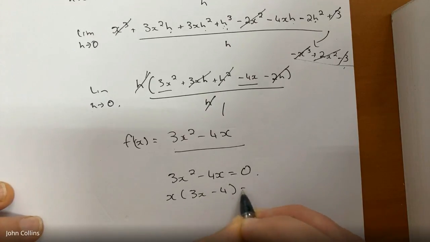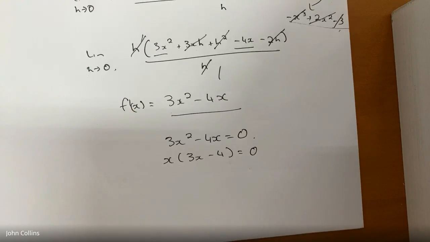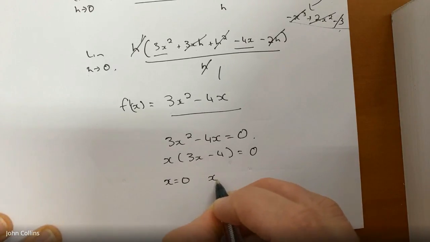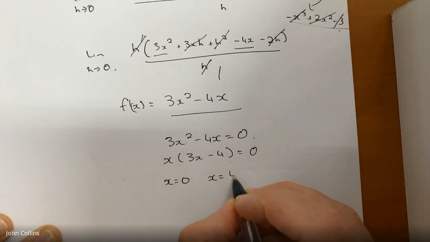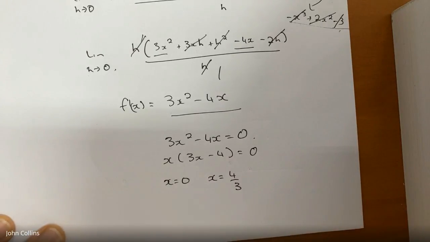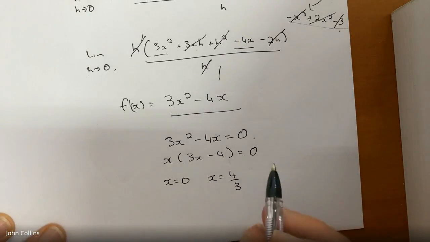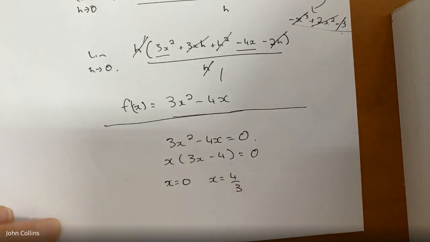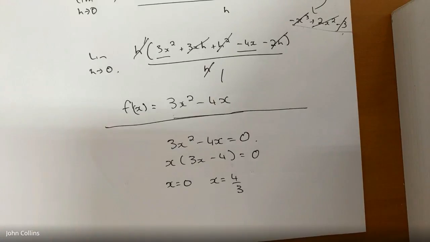So I don't need to do out the full quadratic formula or anything. I can just do that, can't I? So x is 0, and x is, I think, 4 over 3. Are we happy with that? Yes. Okay, yeah. So this, of course, that's the end of the question as you know it, but I'm just going on. That's just derived from first principles.